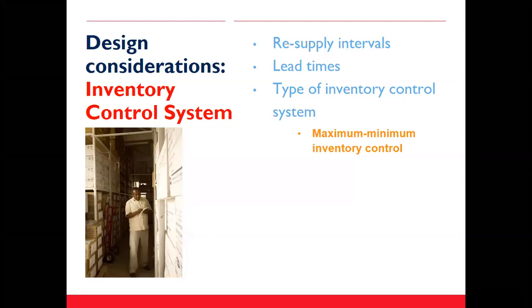Once you settle on a distribution network of warehouses and facilities, and which facilities are resupplied from where, then you can establish a maximum-minimum inventory control system, setting max and min stock levels and emergency order points.